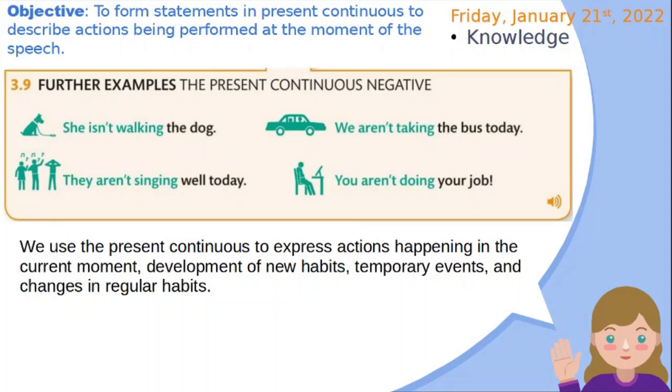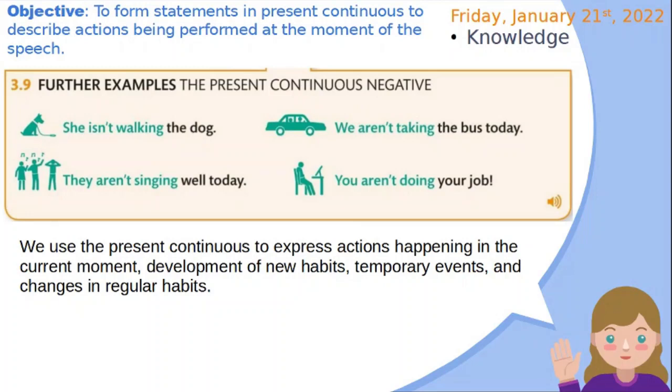The next one, subject, negative form of to be, and the present participle. We aren't taking the bus today. And finally, you aren't doing your job. So observe that we use the present continuous to express actions happening in the current moment of the speaking.